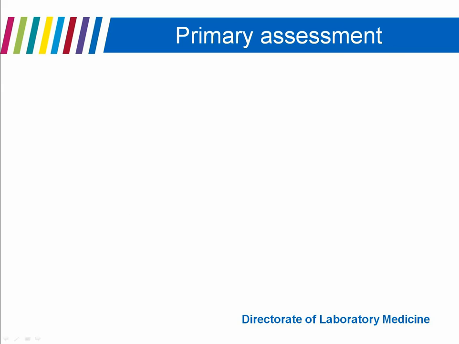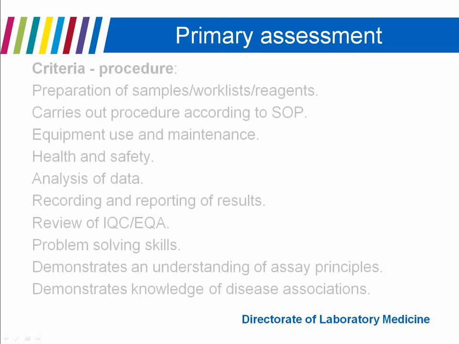Primary assessments, so this is what we cover in our primary competence assessment. What I've done, some of the slides give you screenshots of the assessment documents that we use. If you want a copy, I assume you'll have a copy of this presentation after, or you can email me. I can email you the presentation so you can have a look and see how the documents are formatted.